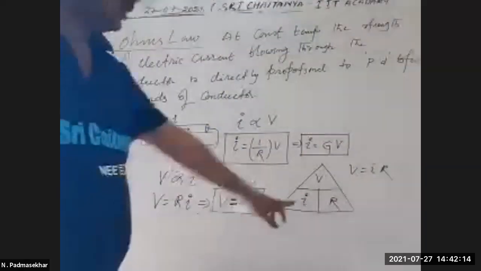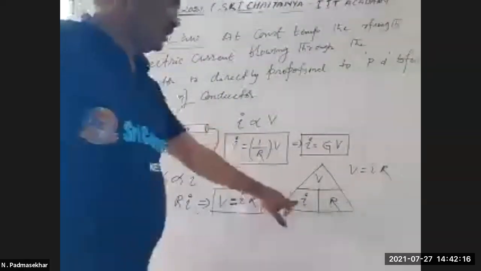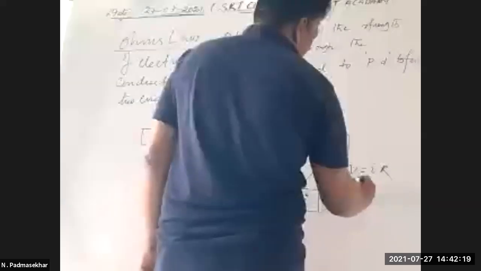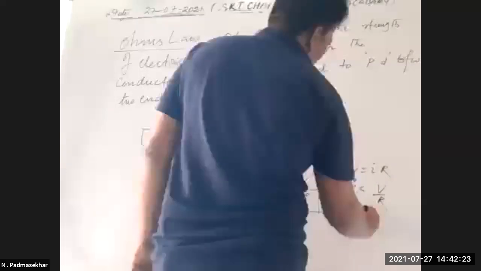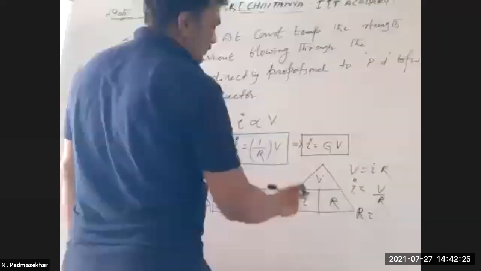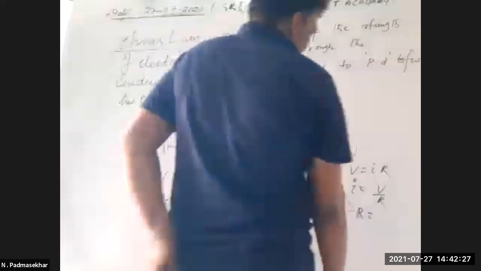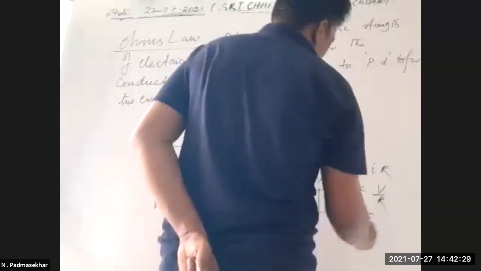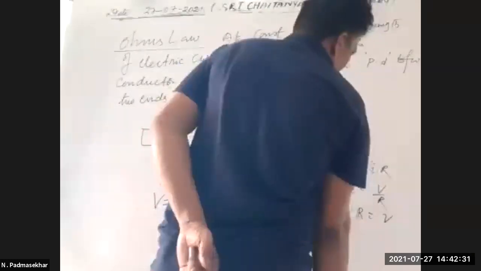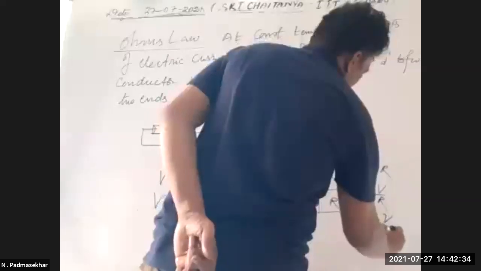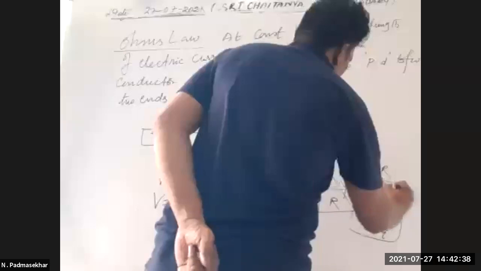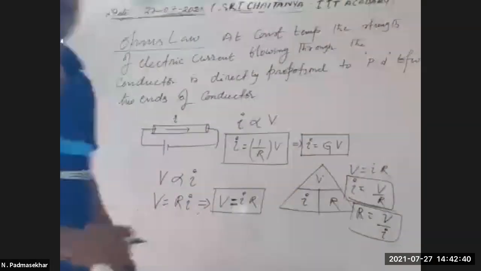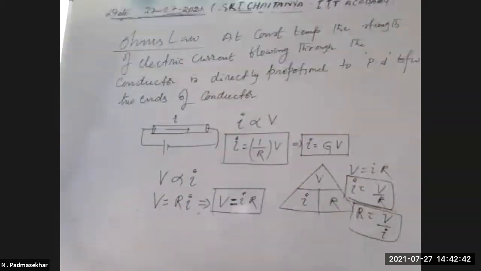I is equal to V by R. R is equal to V by I. So these are the relations among these. ఓమ్స్ లా.